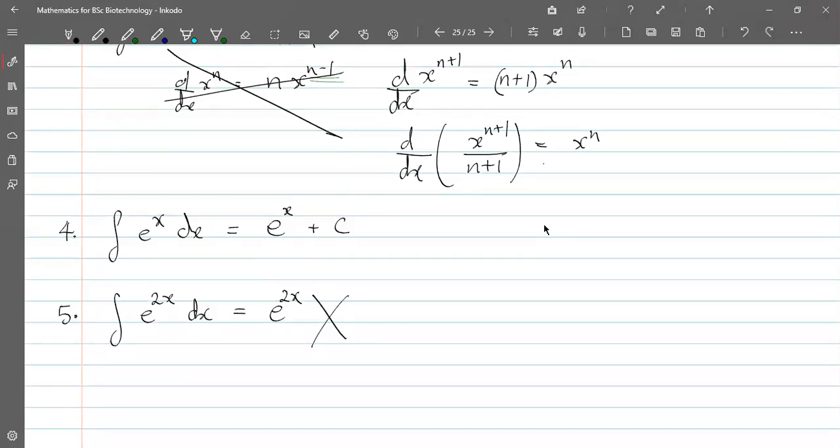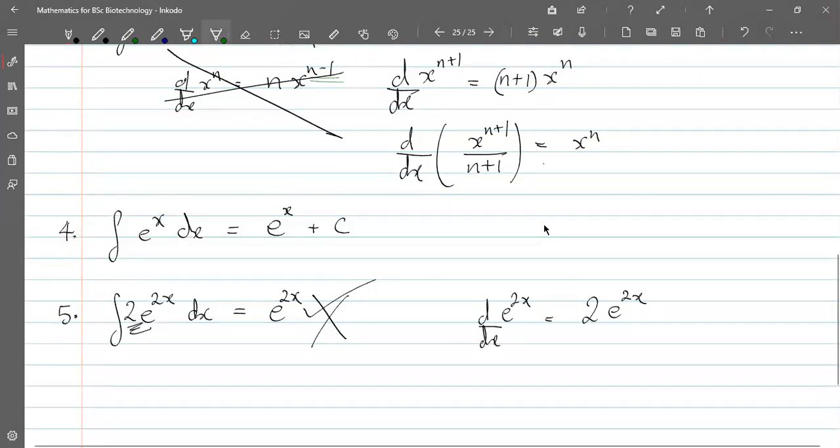You can check. What will you get if you differentiate e power 2x? You get 2 e to the power 2x by chain rule, right? So over here what should be there to compensate for this extra 2? If I wrote 2 e power 2x here, then this is correct. But that 2 is not there. So how do I get rid of the 2?